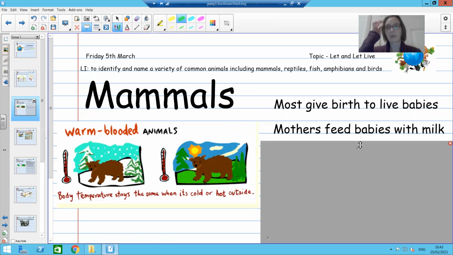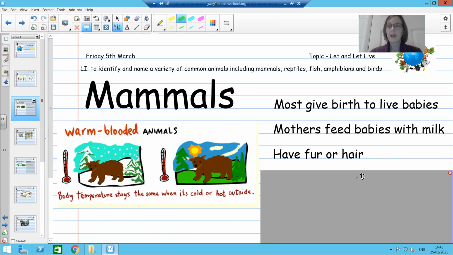So you might have seen fields with cows and the baby going to drink from its mother's teats and getting that milk. A lot of mammals feed their babies with milk. And then most mammals have fur, like cats and dogs, or hair like us. Okay, so that's how we decide whether an animal is a mammal or not.